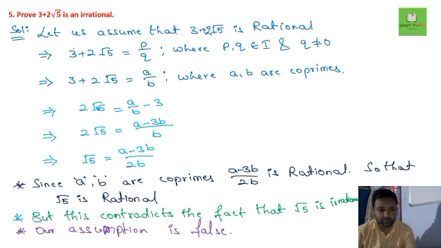If our assumption is false, then we can conclude this problem. We can conclude this problem as 3 plus 2 root 5 is an irrational number.